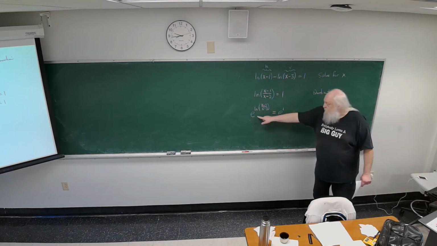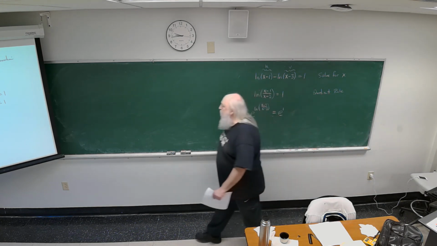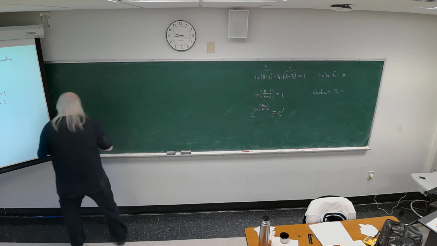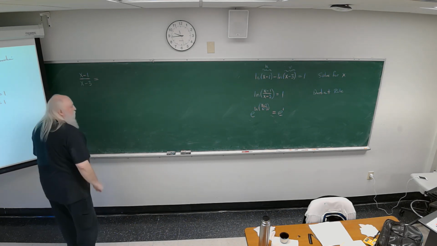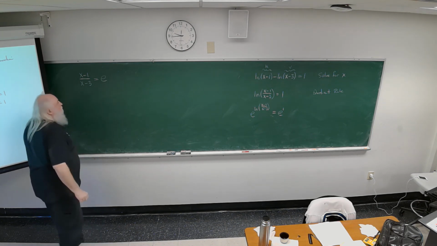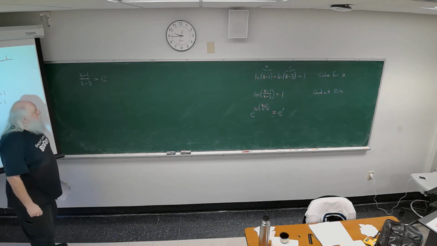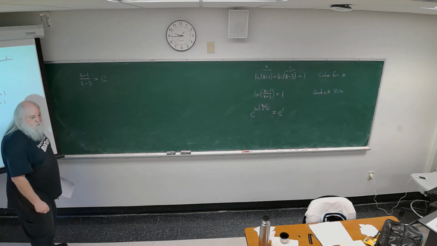The natural exponential function and natural log function cancel, and we're left with x minus 1 over x minus 3 is equal to e to the first power, which is just e. And e is equal to 2.71828, something like that.